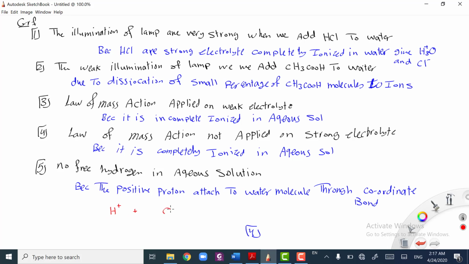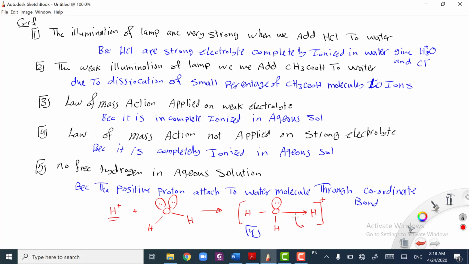When it meets the water molecule, which has two lone pairs of electrons, one lone pair makes a bond with this proton, giving us an O coordinate bond with this proton, and H and H. Still one lone pair remains on the oxygen, and the positive charge takes all the compound, forming the hydronium.